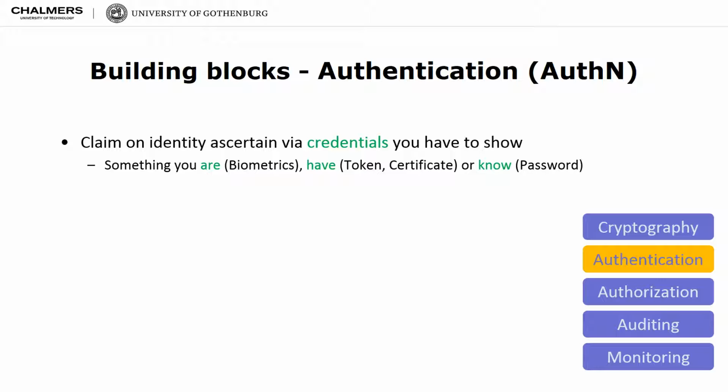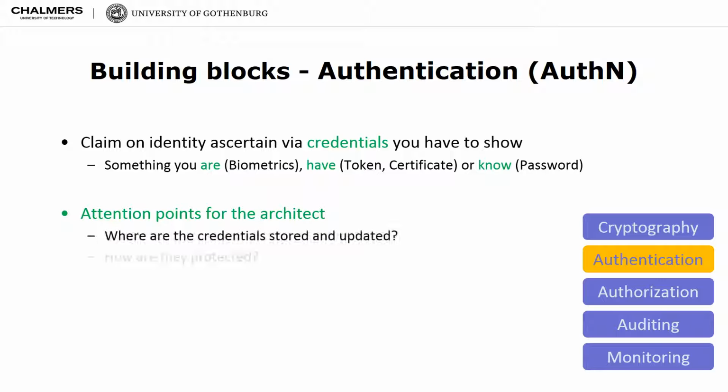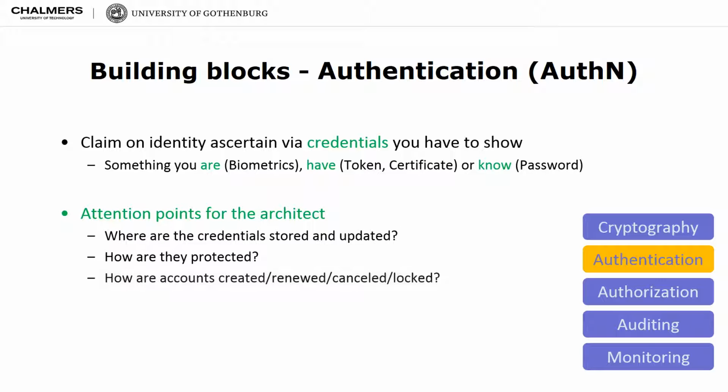As before, because authentication is built on top of credentials, it is important from a design perspective to pay attention to where the credentials are stored and whether or not the storing is secure, and also in case of accounts, how they are managed, meaning created, renewed, and eventually cancelled or locked.